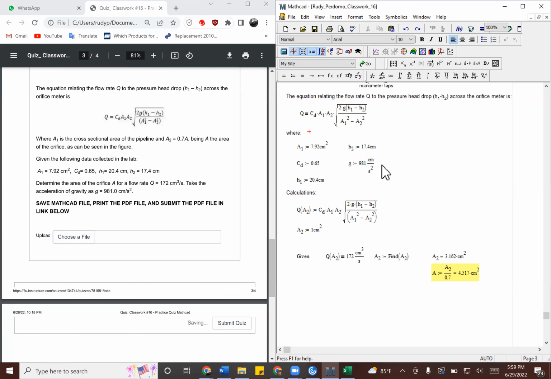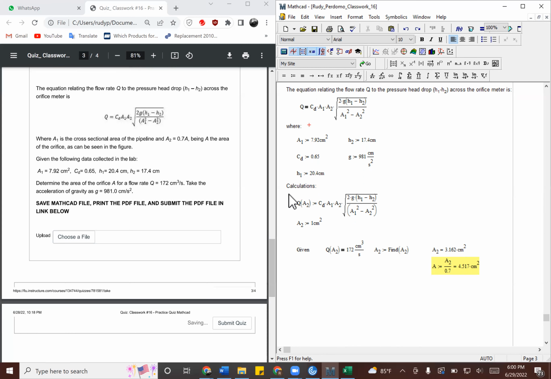So for calculations here, you set Q of A2 here. This would be similar to using Q of x, where x is your independent variable.